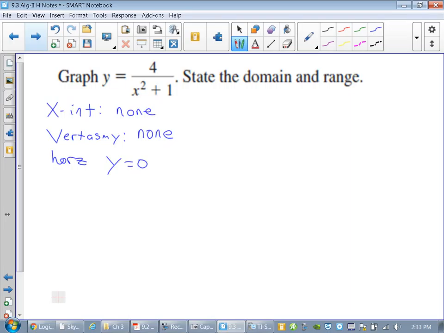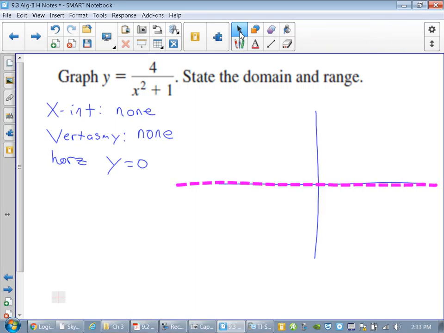So now you have an idea of where to start. What's the very first point that I can find here? Y-intercept. My y-intercept in this case is what? 4.